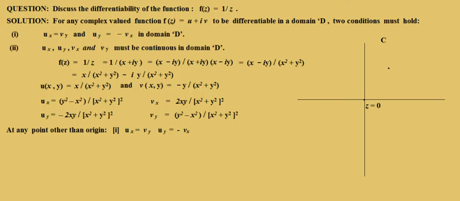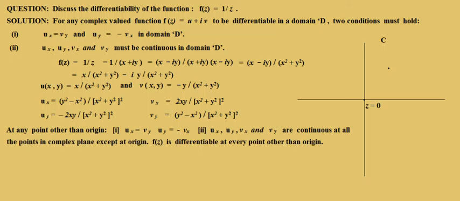So we can say that at any point other than origin, ux, uy, vx and vy are all continuous. So except at origin, these two conditions are satisfied. So we can say that f(z) is differentiable at every point other than origin.